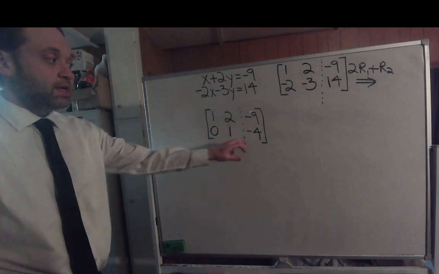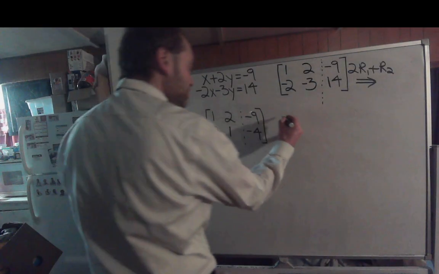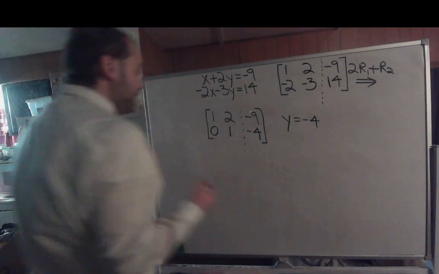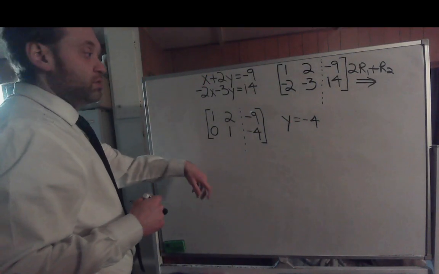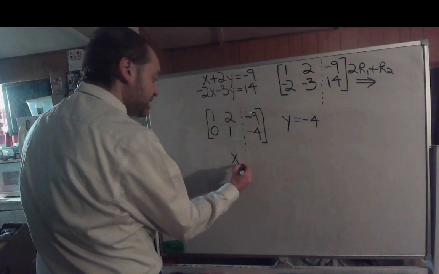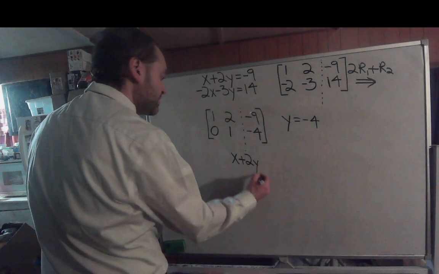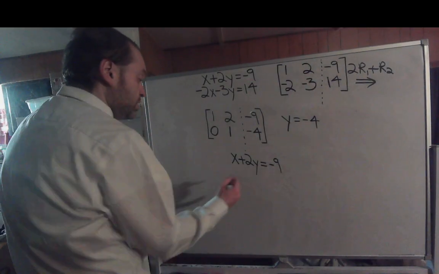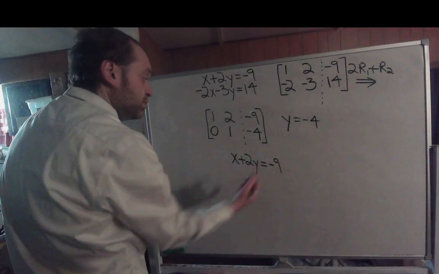So that 1 and then the -4 literally denotes that y equals -4. Now you're going to use back substitution into your first equation, which would tell you that x plus 2y equals -9, which now will put that y value of -4 in.